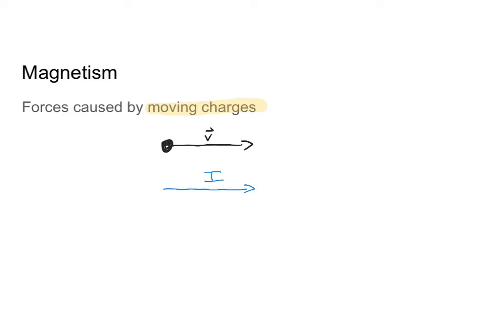There is a third option, however, for magnetic forces and magnetic objects, and that is something called a permanent magnet. A permanent magnet is probably what you think of when you think of a magnet. So a permanent magnet is something that is always magnetic. For example, we have our bar magnets with their north pole and their south pole.